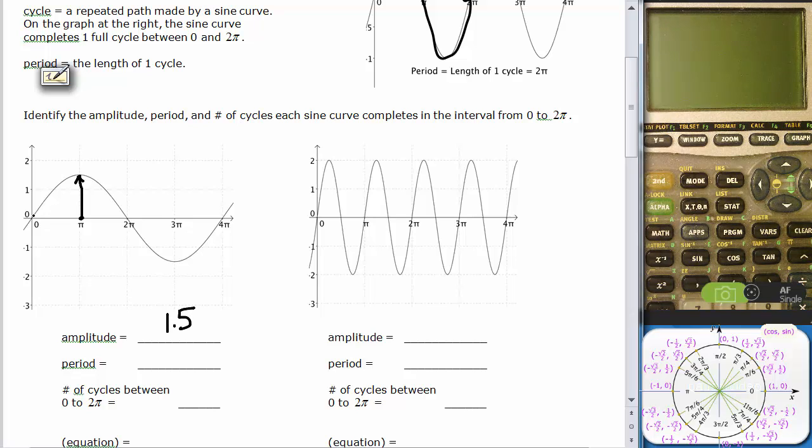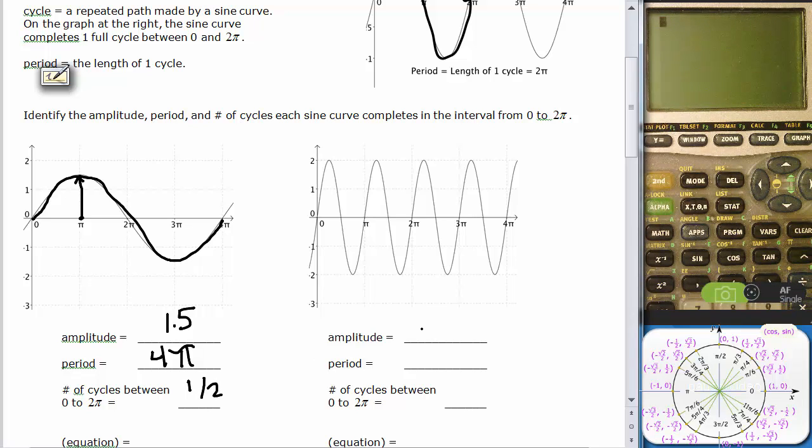The period of the graph is the length of one cycle, the length of time it takes to complete one of these big S shapes. This graph completes an S shape as we go from 0 to 4 pi. So 4 pi is the period of the graph. The number of cycles the graph completes between 0 and 2 pi is half of a cycle. It makes a full cycle at 4 pi, so it's completing half of a cycle here.